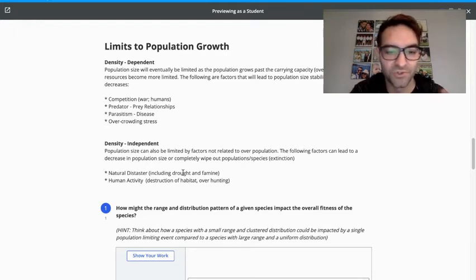So drought is definitely a big part that can change it, but that usually takes longer periods of time.